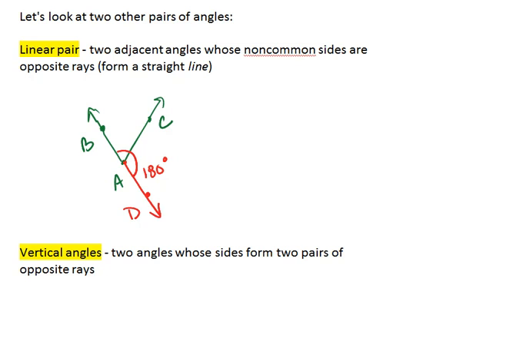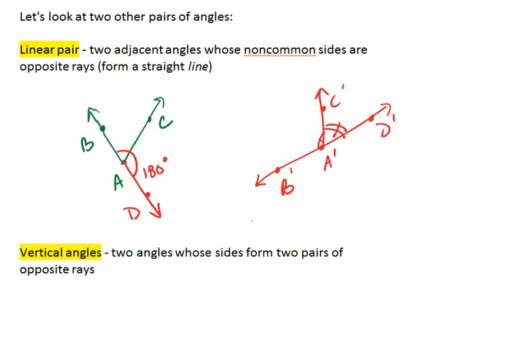The easiest way to find a straight angle in a drawing is to look for a straight line with a point so that we have opposite rays and another ray jutting off. In which case, well, let's make this A prime, B prime, C prime, and D prime.